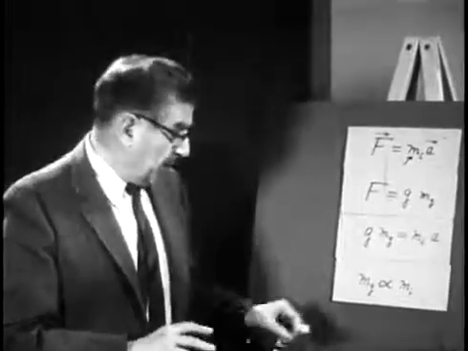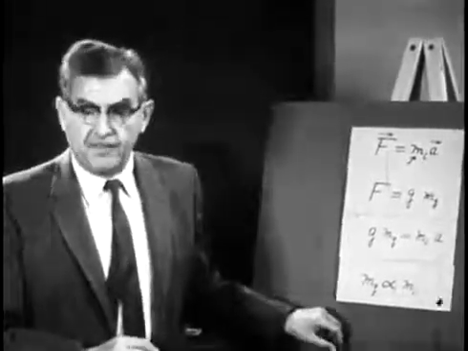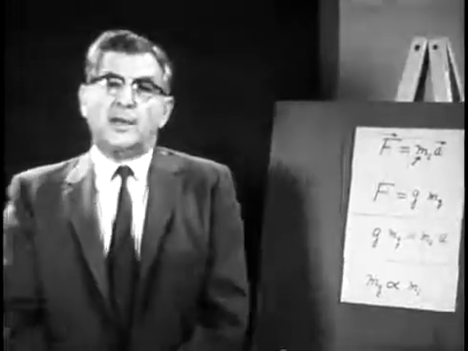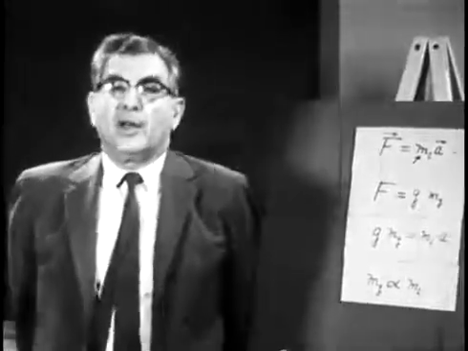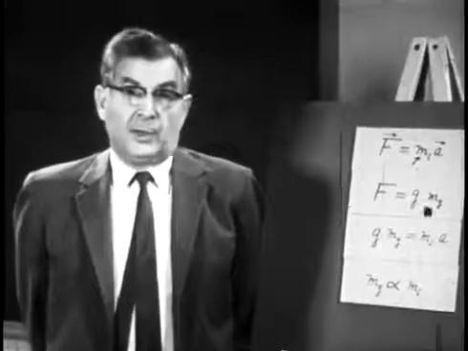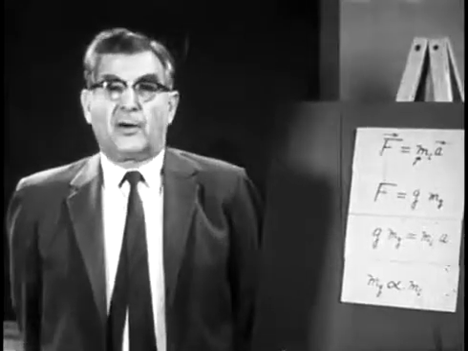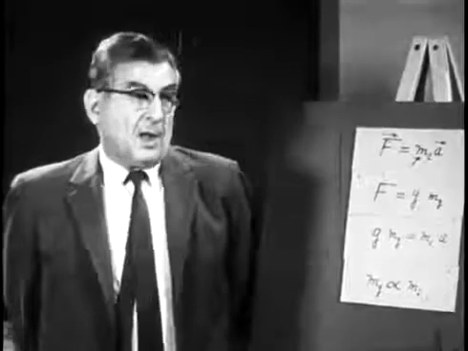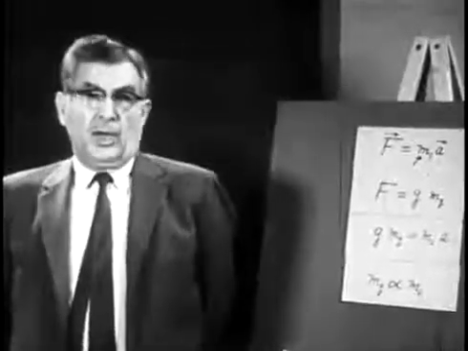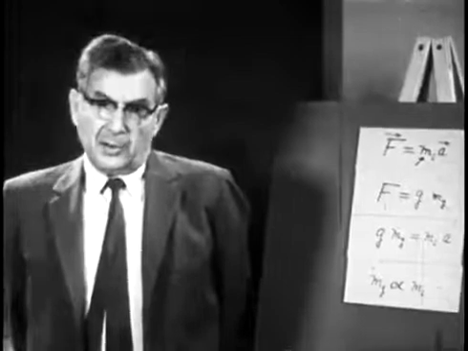Now, we found out something else in addition. You remember that the horizontal motion of a freely falling body was independent of the vertical motion. What happened vertically had nothing to do with what was happening horizontally. This is true in general about curved motions.